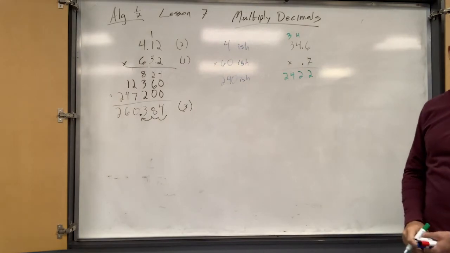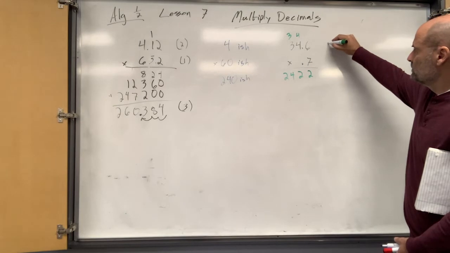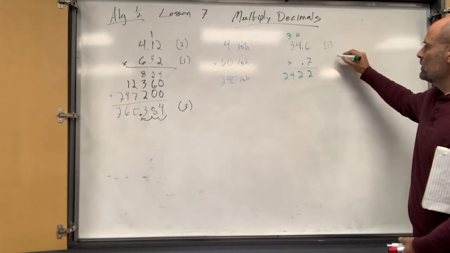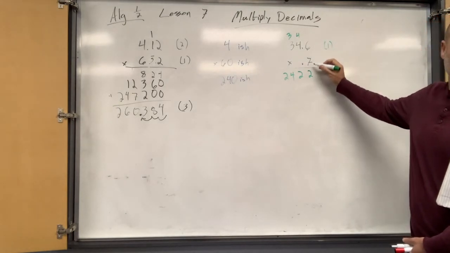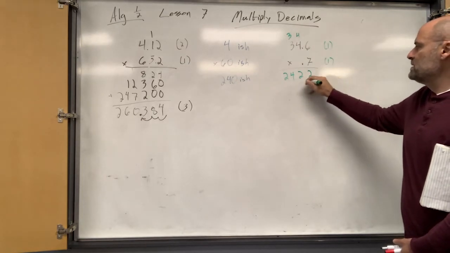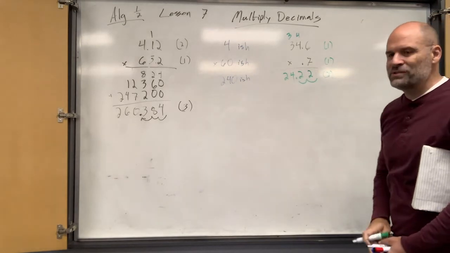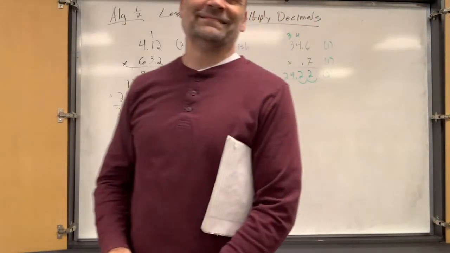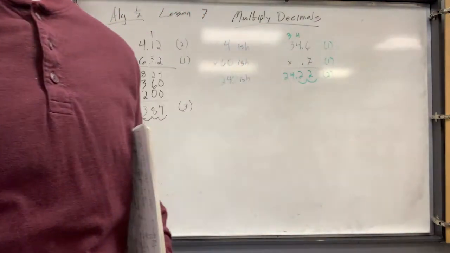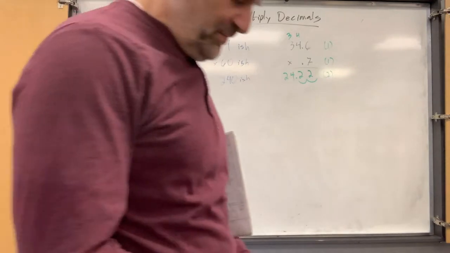There's one behind the decimal here and one here, right? So you add that, and now we go 2 places. So there's got to be 2 in this. So 24.22. That was your first guess, but you changed it. Yeah, you're good.